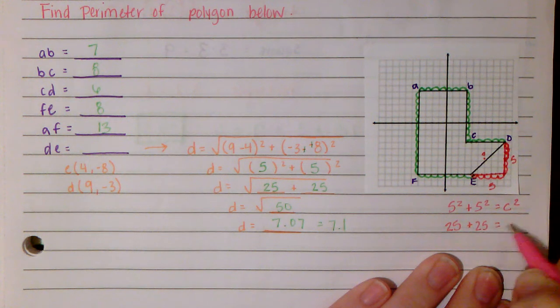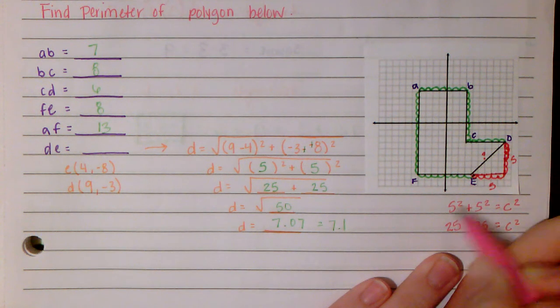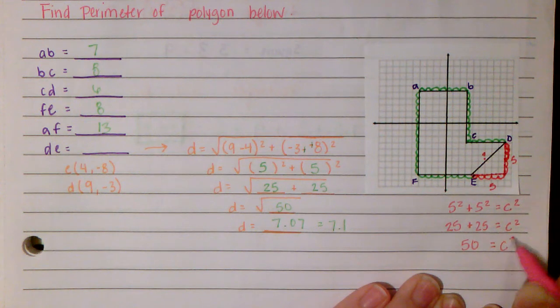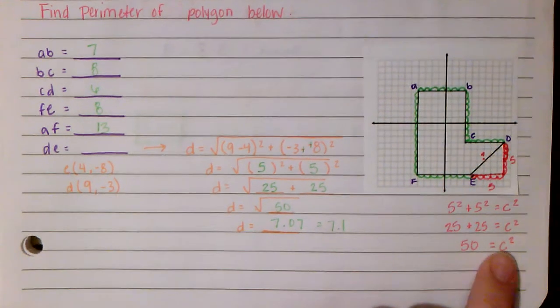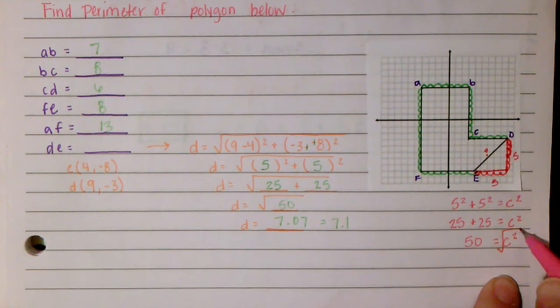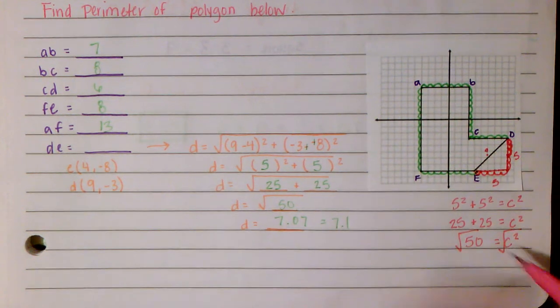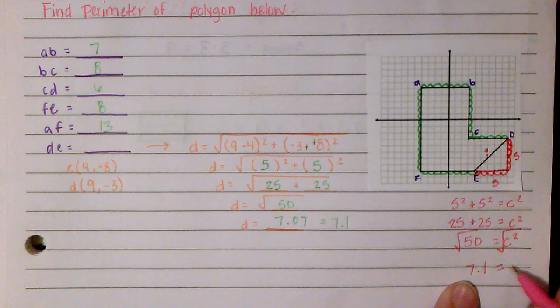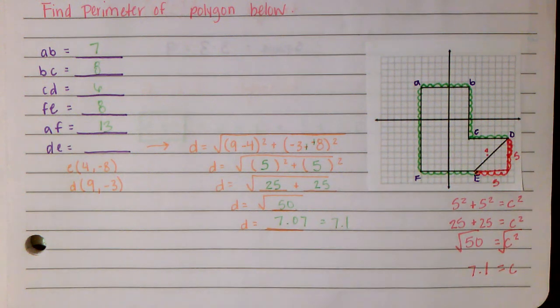5 squared is 25. So let's go ahead and simplify that number and then combine like terms, which becomes 50. Bring everything else down. If I'm trying to get c by itself, the last thing I have to do is square root both sides. The square root of 50, we just said over here, is 7.1 or 7.07.